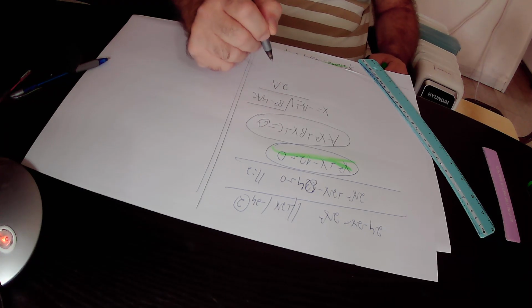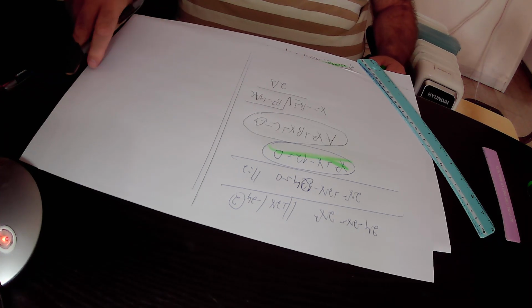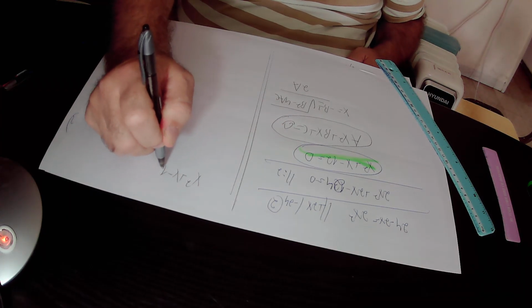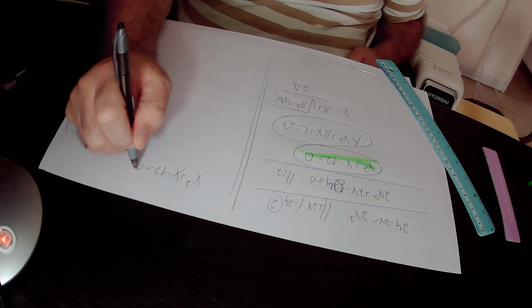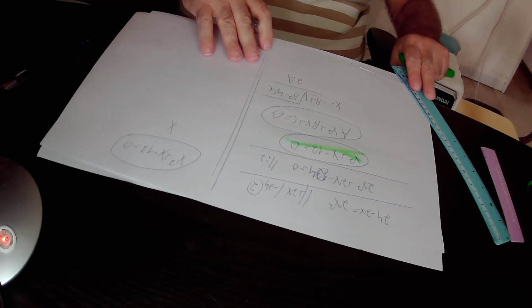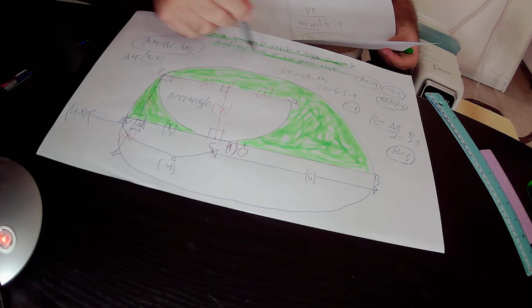In our specific quadratic equation, that is to say x squared plus x minus 12 equals 0, the variable that we are looking for is x. x is the radius of this small semicircle.